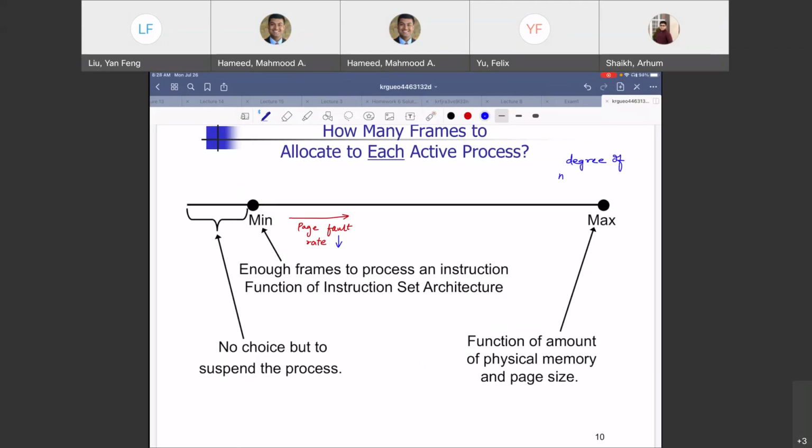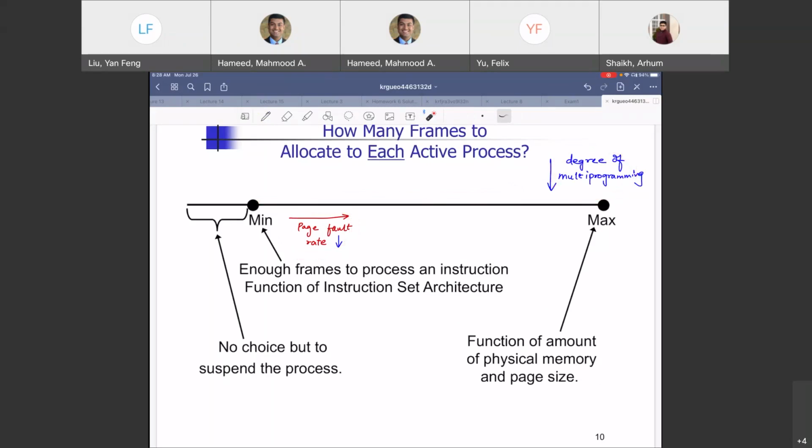Degree of multiprogramming goes down. So as you are moving this way, your page fault rate is going down, which is good news, but your degree of multiprogramming is also going down.